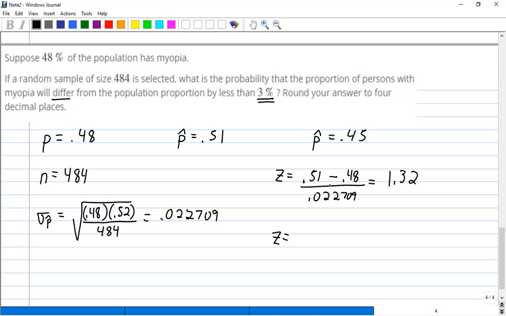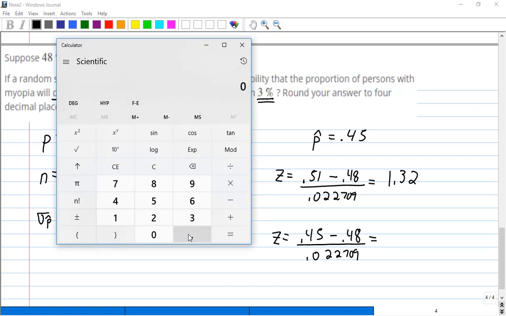Alright, I'm going to show you how. If I put in the other value, 0.45 minus 0.48 over 0.022709 equals, so here's why. When I type in the numerator, 0.45 minus 0.48, I get the same number that I got before, except it's negative. So when I divide by the same denominator, I'm going to get the same answer, except it's going to be negative.